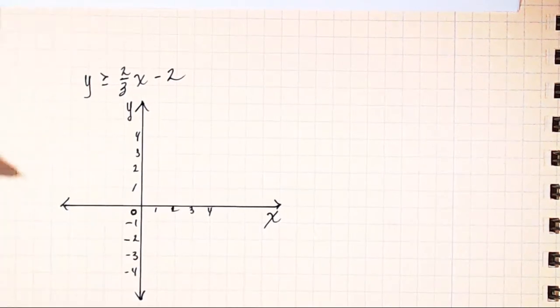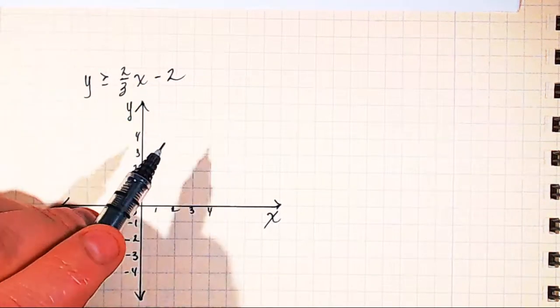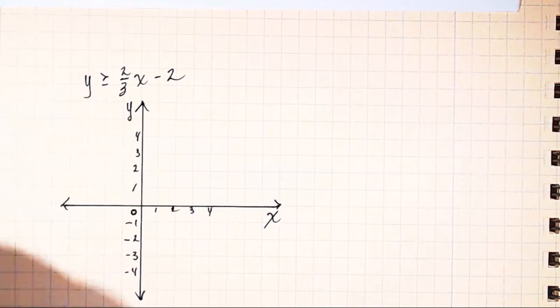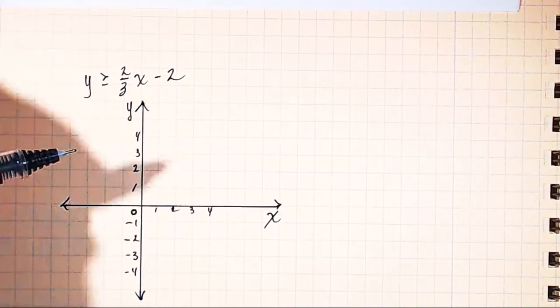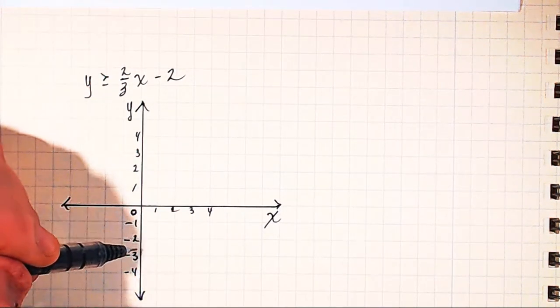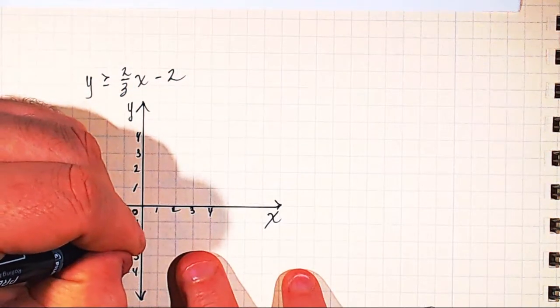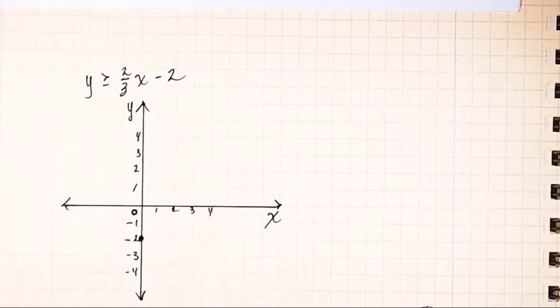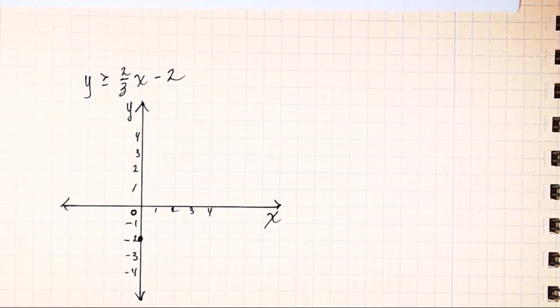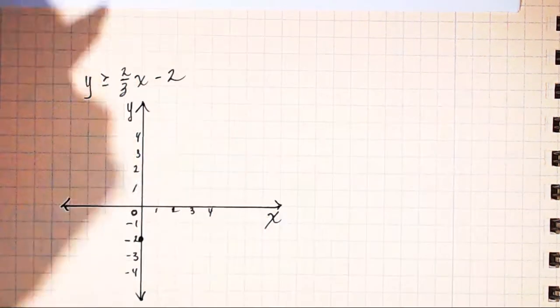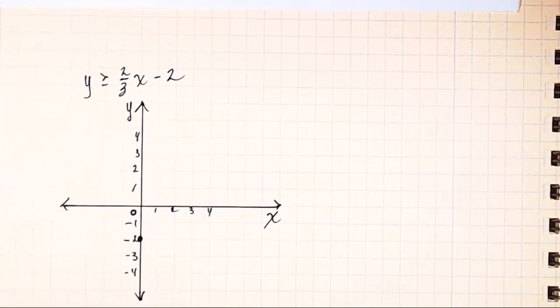So here I am, and what I need to do is find the y-intercept. The y-intercept is -2, so I'm searching for 0, -2. So here's my y-intercept, okay? And I'm going to graph this with the knowledge that I have a greater than or equal to sign. Greater than or equal to is very important.